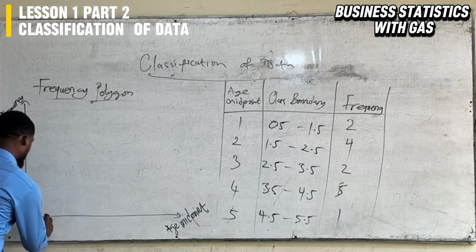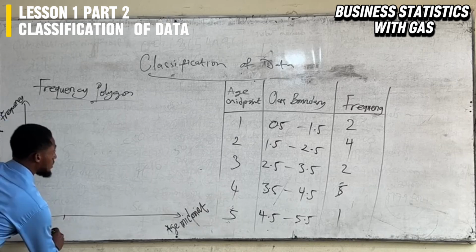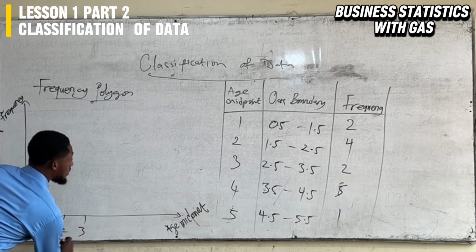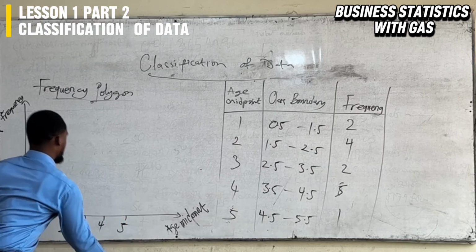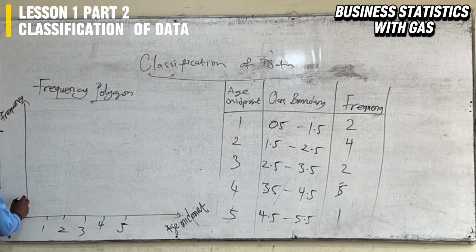So the age midpoint starts from 1, then 2, 3, 4, 5. Then the frequencies, that is 1, 2, 3, 4, and 5.